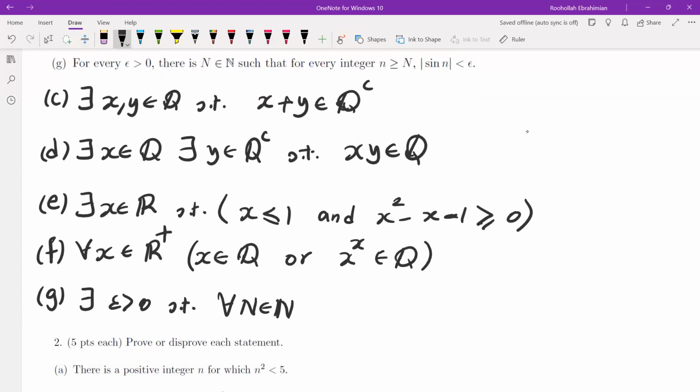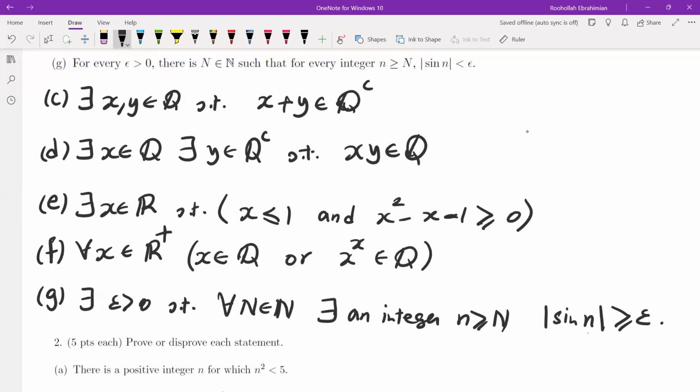Negation of for every integer n becomes there exists an integer n greater than or equal to n. And then the negation of absolute value of sign less than or equal to epsilon is absolute value of sign greater than or equal to epsilon. So again, for every epsilon positive becomes there is epsilon positive. There is n in N becomes for every n in N.